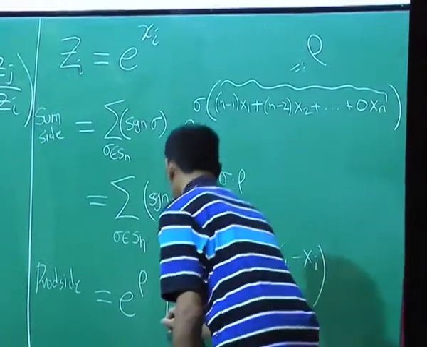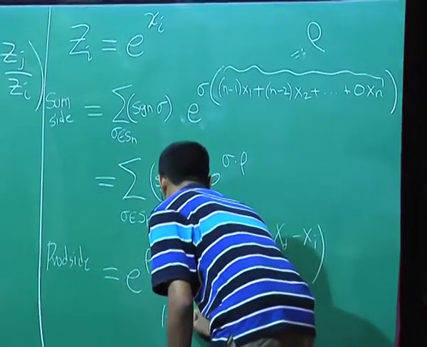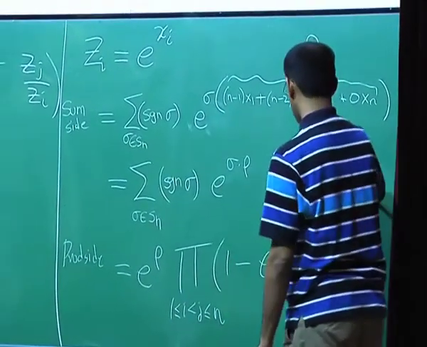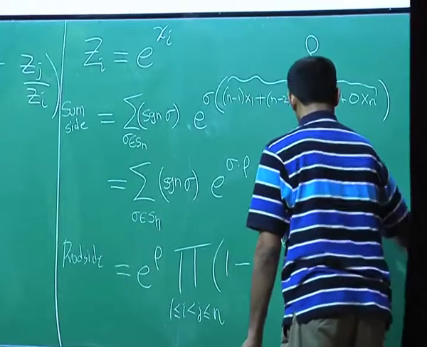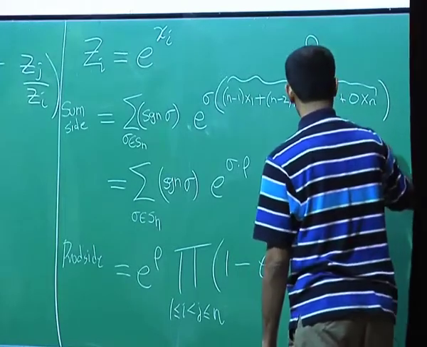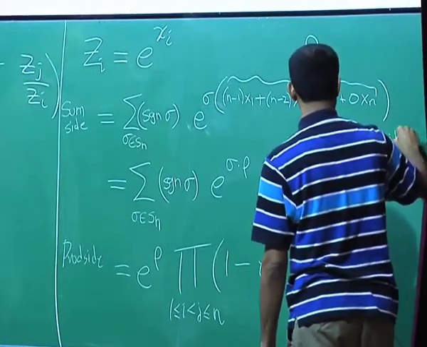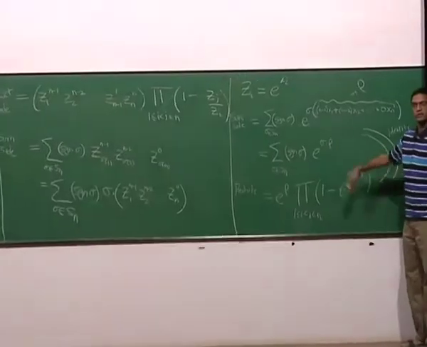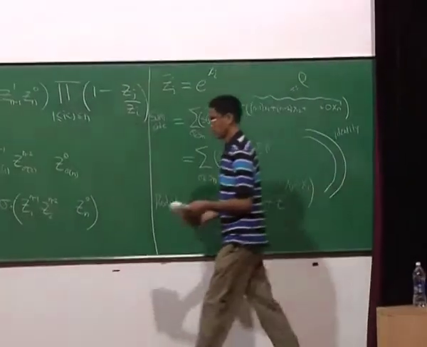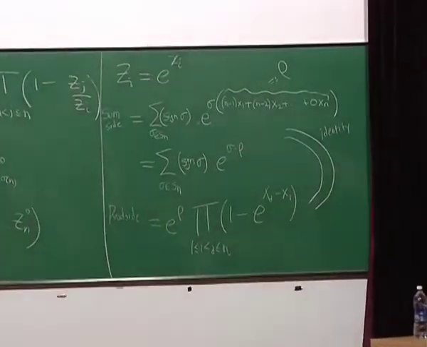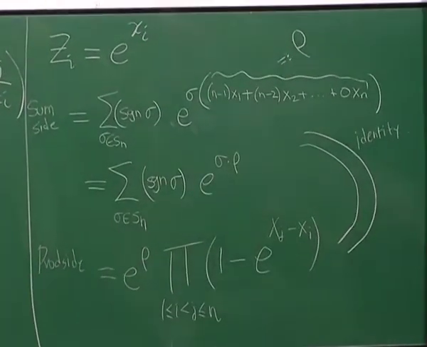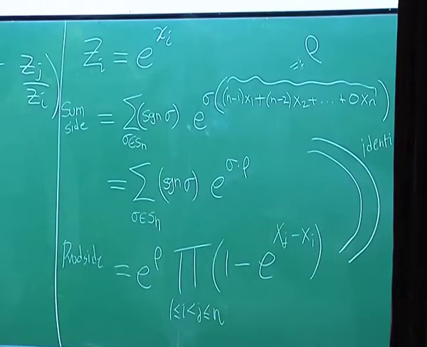The classical identity that we know is that these two are equal. So here's the identity. You can think of it as the identity for the Vandermonde determinant, just written out in a slightly different fashion. Let me record that last line alone.